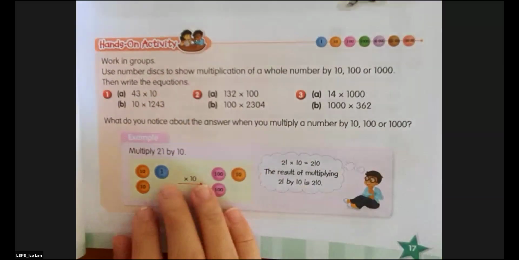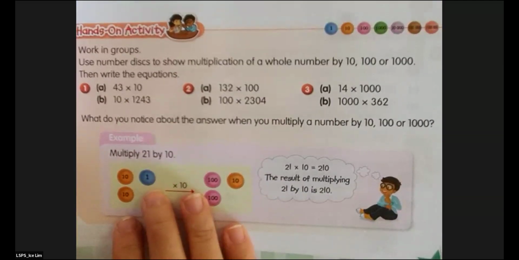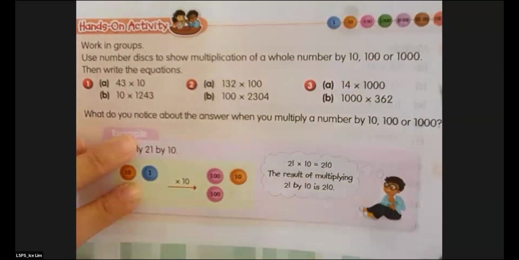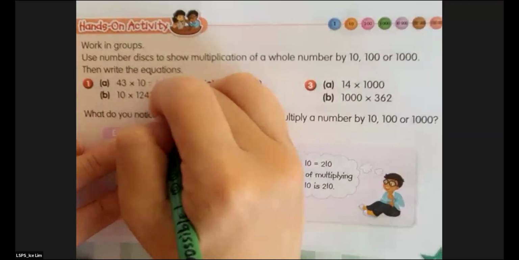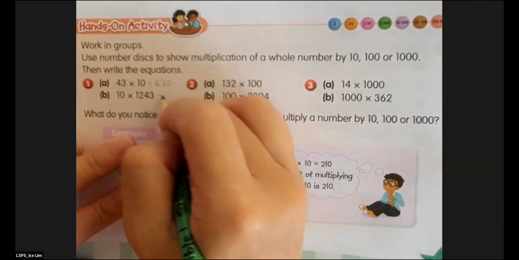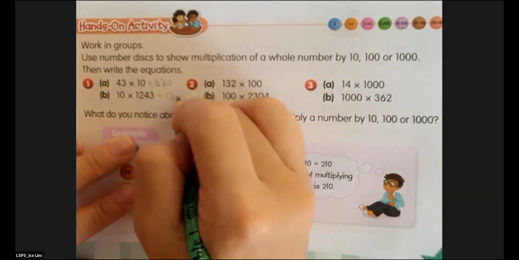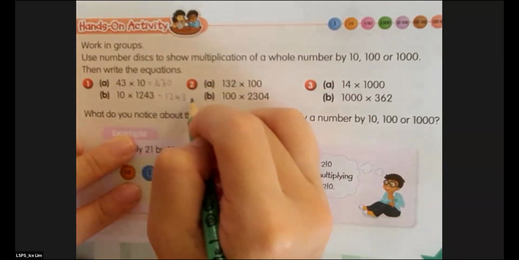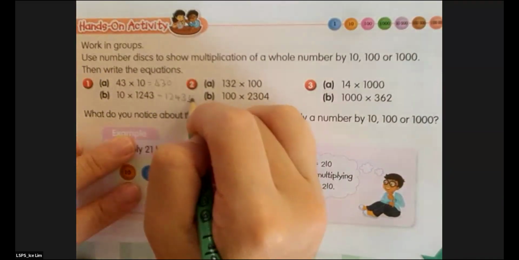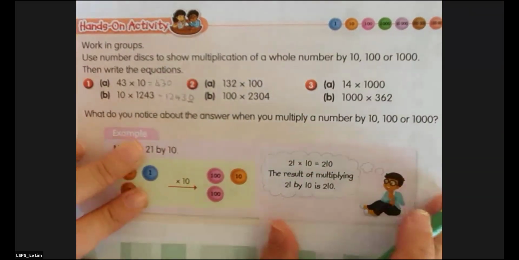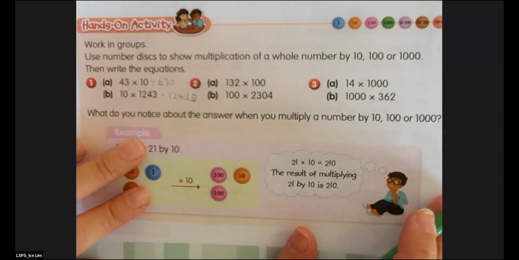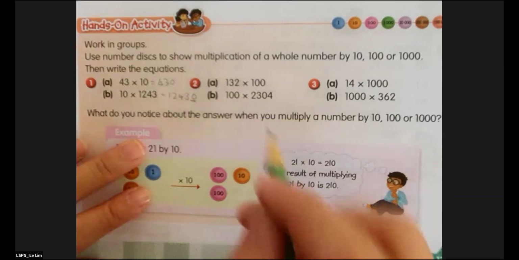By now we are more or less very familiar with the habit. So I can do 430 times 1,243, and I put a zero at the back. That becomes 12,430.